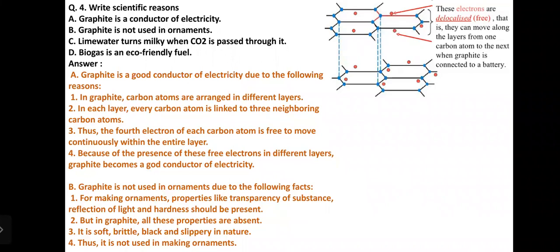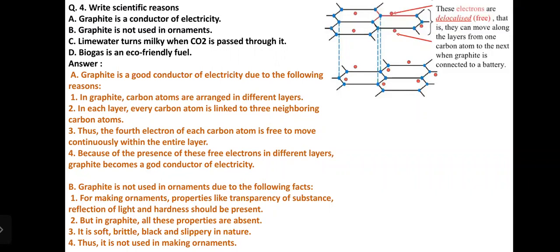The second reason is, in each layer, every carbon atom is linked to three neighboring carbon atoms. As I told already, every carbon atom in graphite is linked to three neighboring carbon atoms. The third reason is that the fourth electron of each carbon atom is free to move continuously within the entire layer.